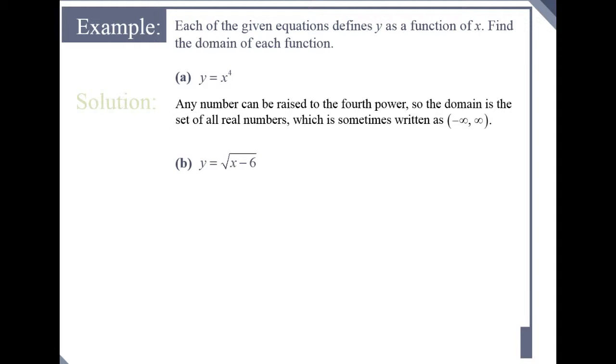Now, as we look at example B here, here's where we will find that there will be qualifications. Because in order for this to be a real number, you cannot have a number less than 0, such as a -1, under the radical sign. You can't have a negative value under the radical sign.